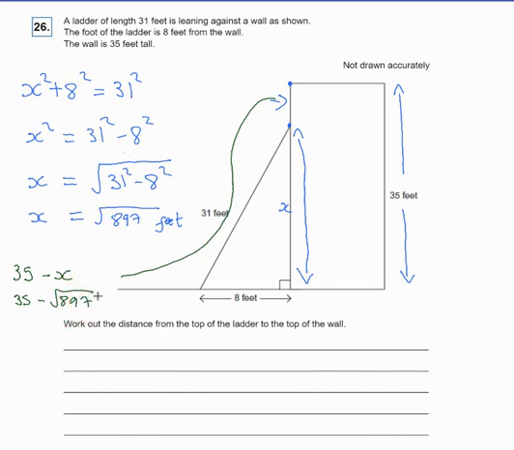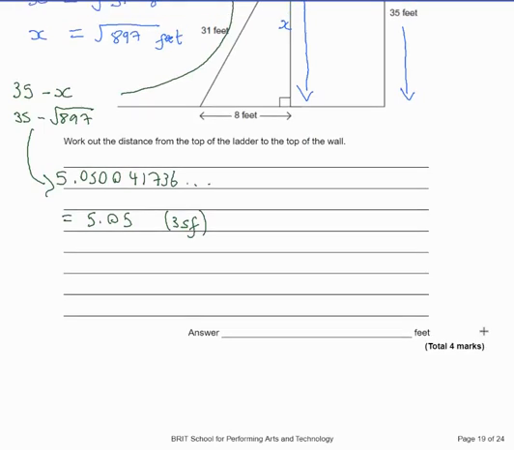So 35 take away that answer gives me, let's write the whole number first, what the calculator displays. And then if I round that, that's going to be 5.05, correct to 3 significant figures. Okay, moving on. That's the answer, by the way.